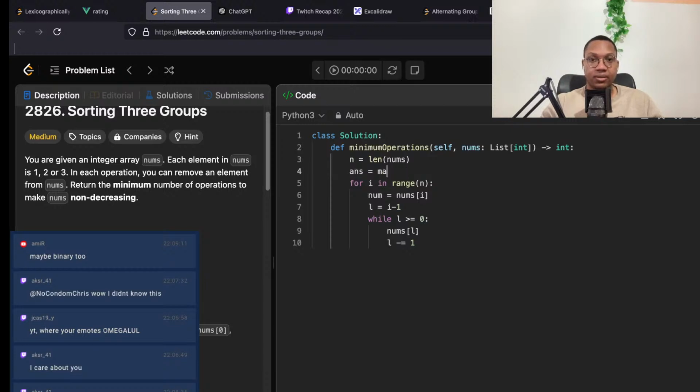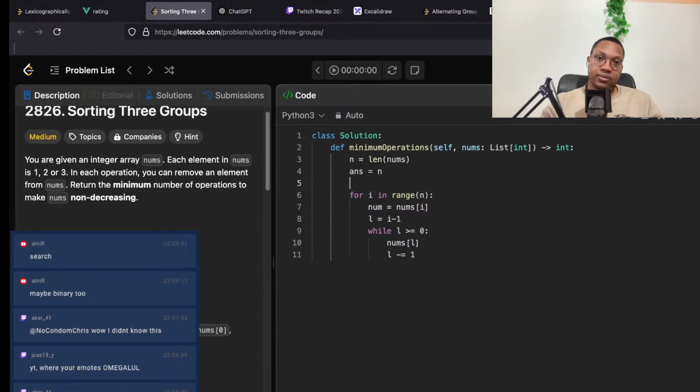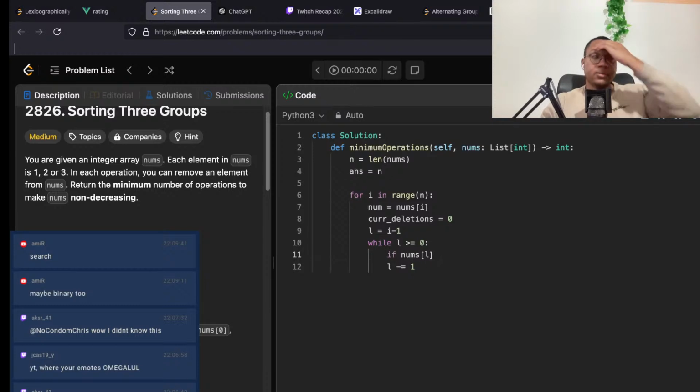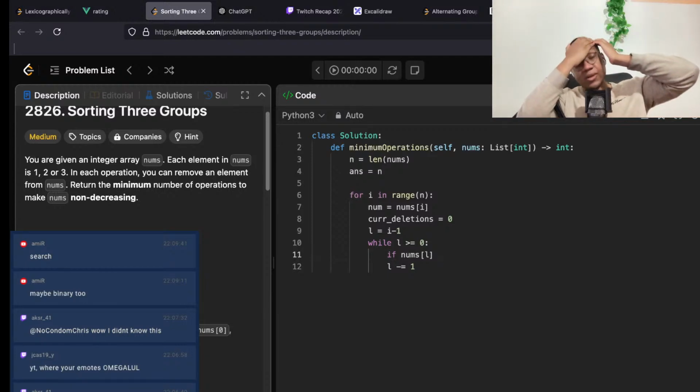Maybe really it's n, whatever, and then current deletions is 0. And then we can do, if on the left side, oh shoot, this is actually a bit more complicated. If we're at a 3, we want it increasing. But the problem is that these numbers, oh shoot. Yeah, this is more complicated than I thought it was going to be.